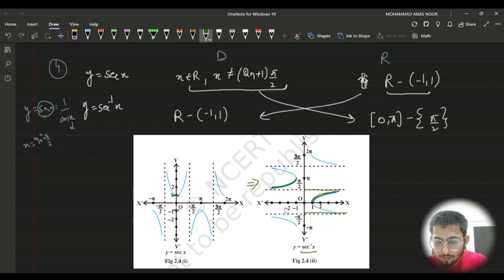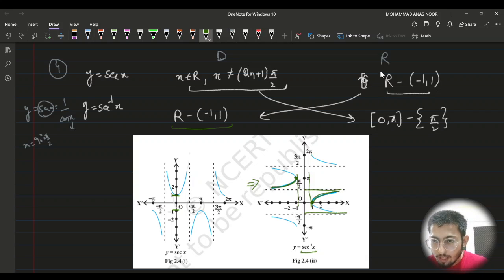Are you getting it? So see, the domain is real numbers except minus 1 to 1. From minus 1 to 1 it is not taking any value, right? It is starting from minus 1 or from 1, because that's the maximum value it has.